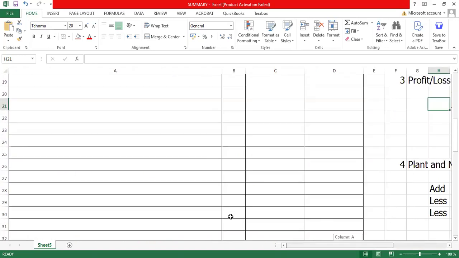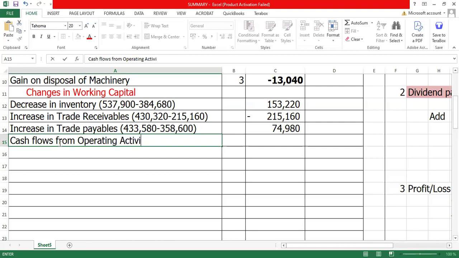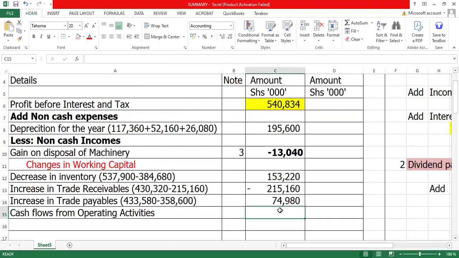So what I'm going to do is to get the net cash flows from operating, from the core activities of the business. You add all these things. For me using the laptop, I can simply do it like this.